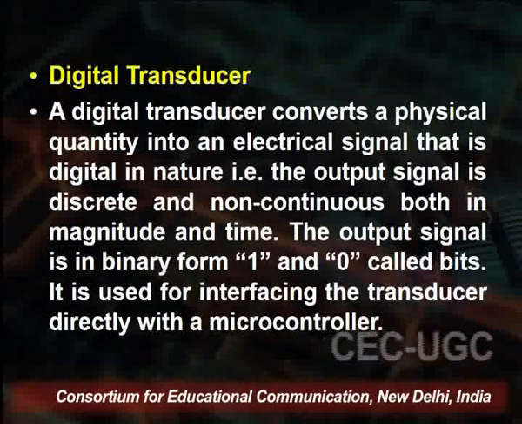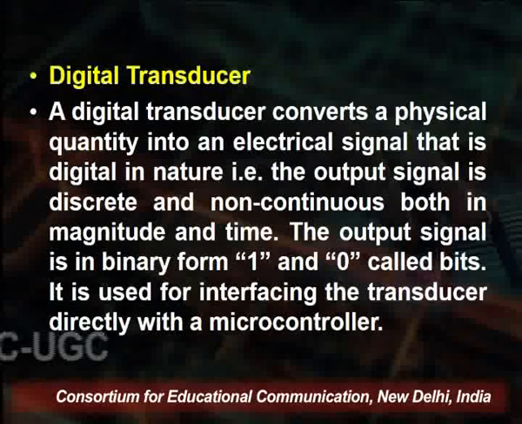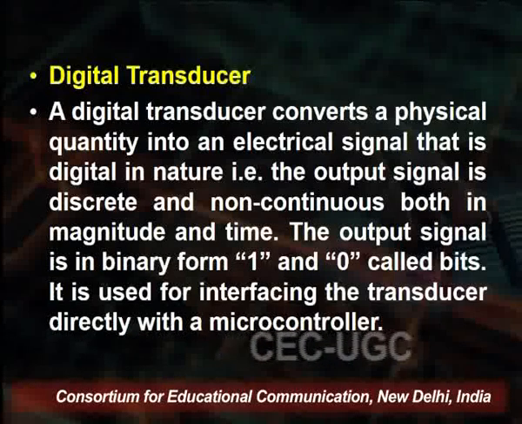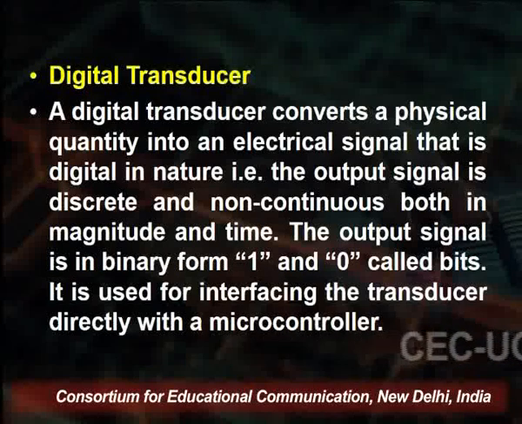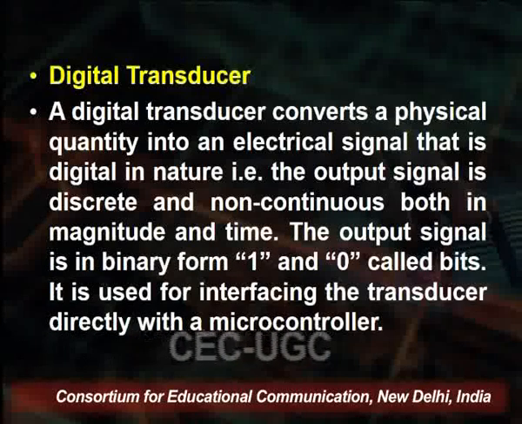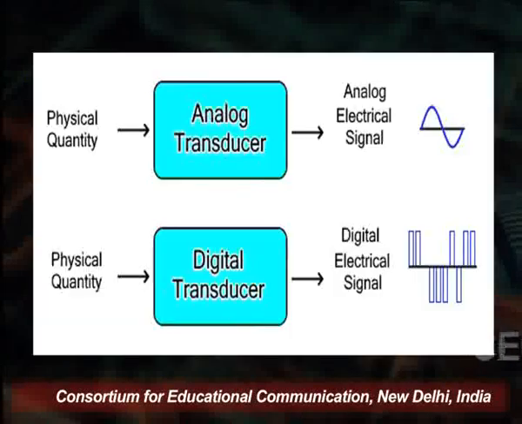So here we are getting the discrete output, in the form of 0 and 1. The output signal is in binary form, 1 or 0, which are called bits. An example of this is the microcontroller. It is used for interfacing the transducer directly with a microcontroller. So, analog and digital transducers are used.